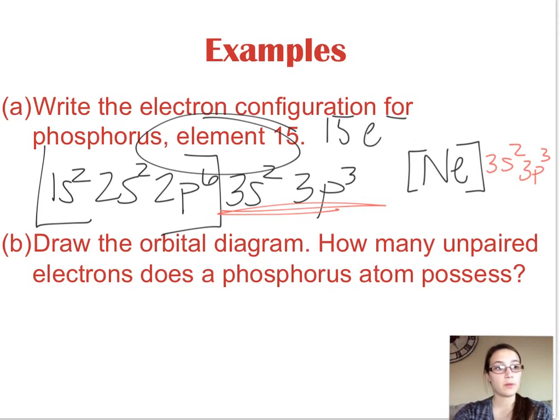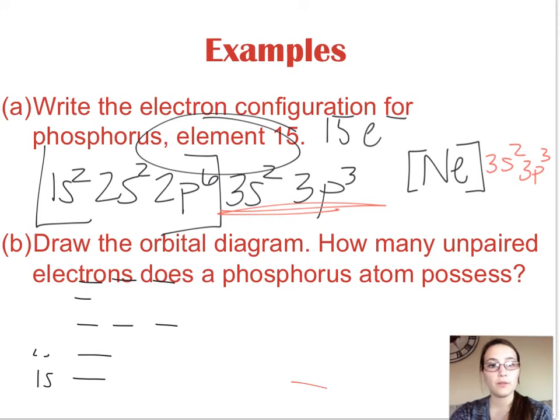Now we'll go through the orbital diagram. I'm just going to use lines. Usually we use boxes, but I don't have as much space. We start with 1s at the bottom, then 2s, then 2p, then 3s, then 3p. Now we're going to fill this.